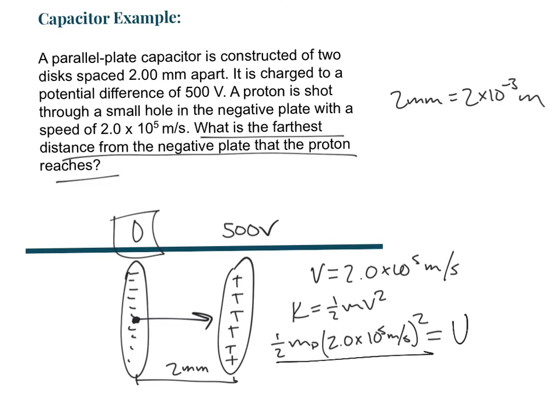So if we divide this number by the charge of a proton, 1.602 times 10 to the negative 19, you get the voltage, or the potential. So we would find some number for potential using this calculation.